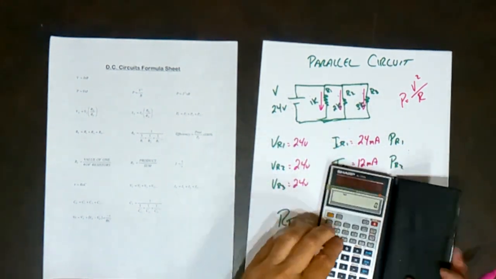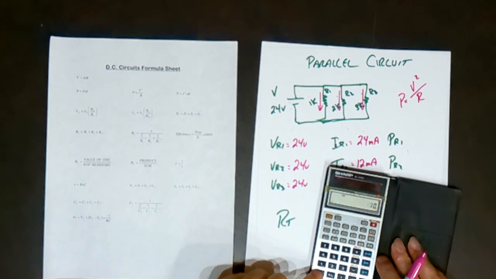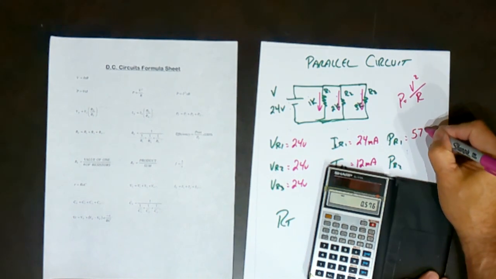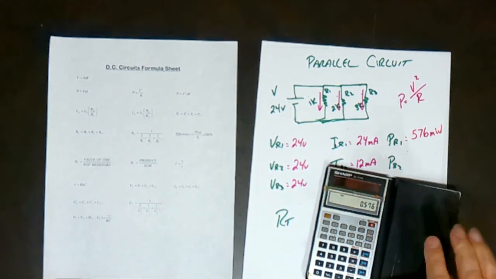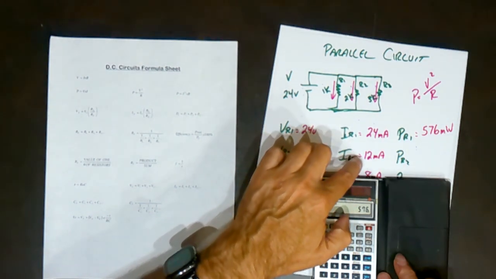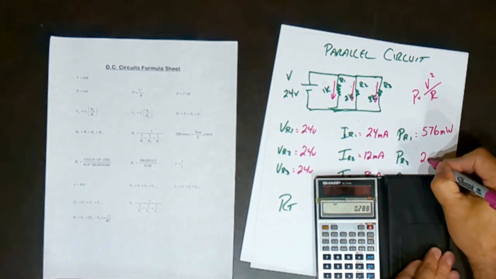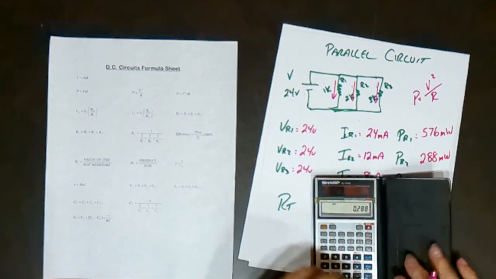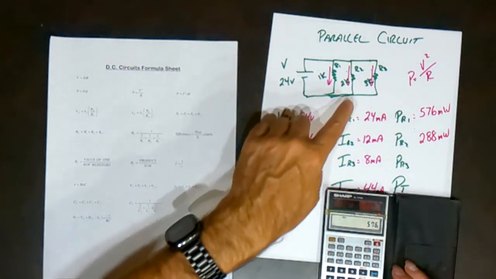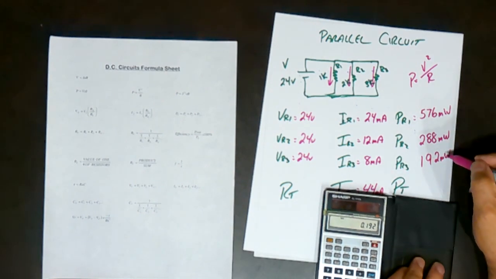So voltage is 24 volts squared divided by 1K, so that's divided by 1,000, equals 576 milliwatts. 24 volts squared divided by 2K equals 288 milliwatts. 24 volts squared divided by 3K. So 192 milliwatts.